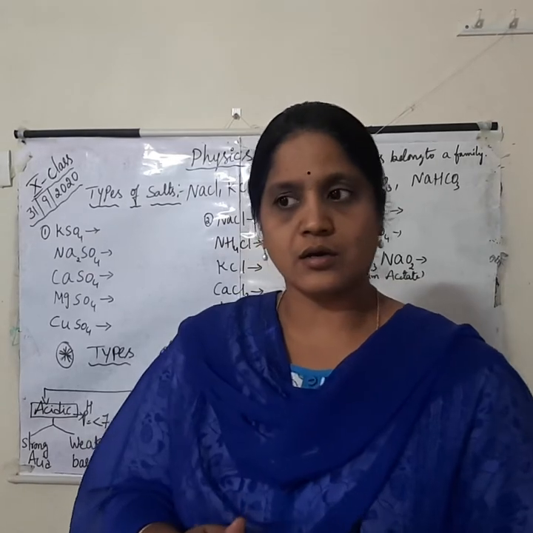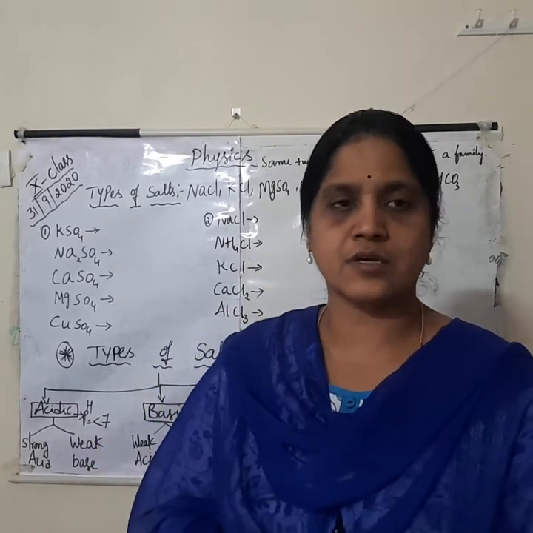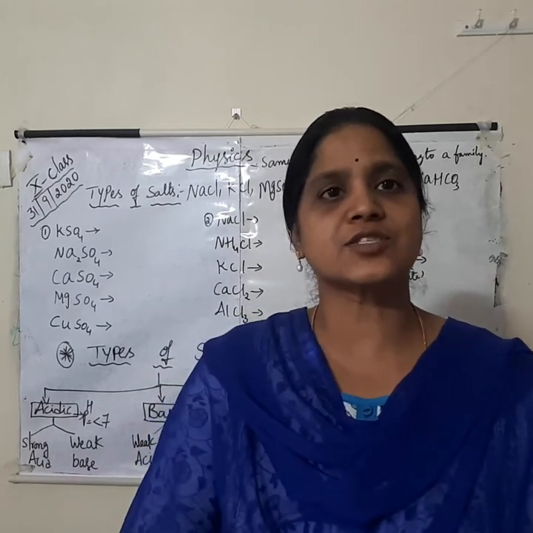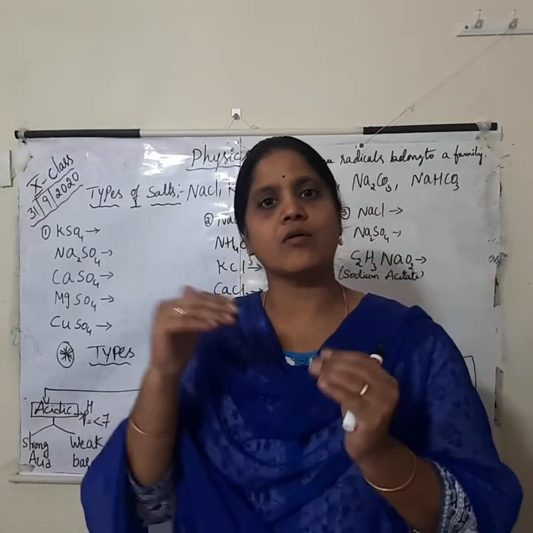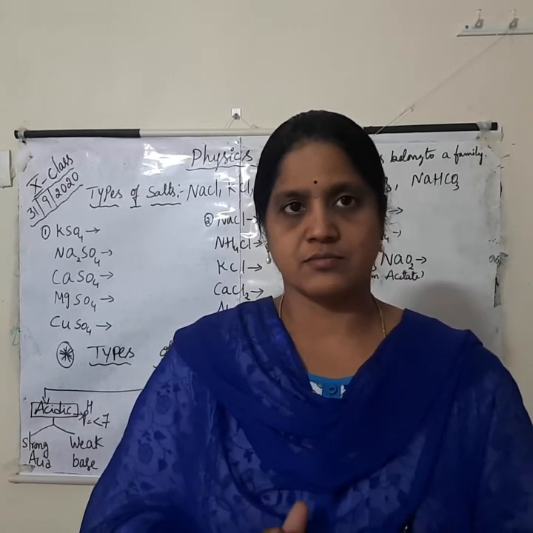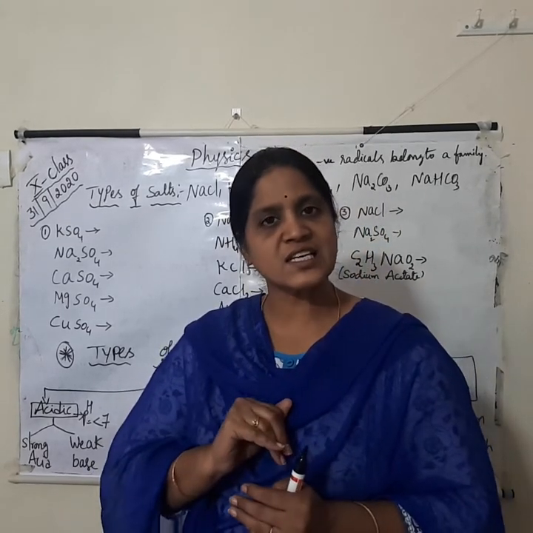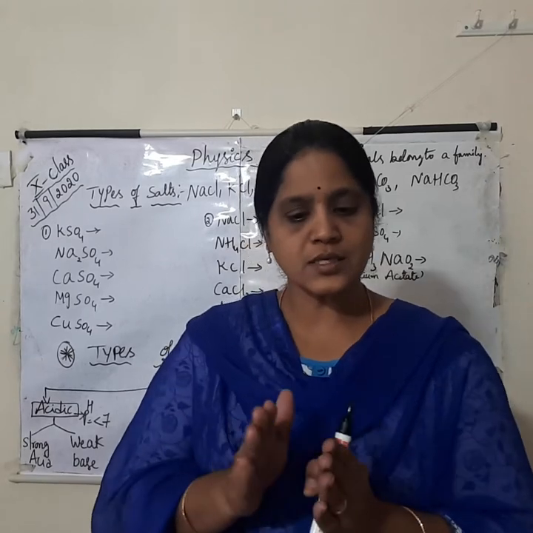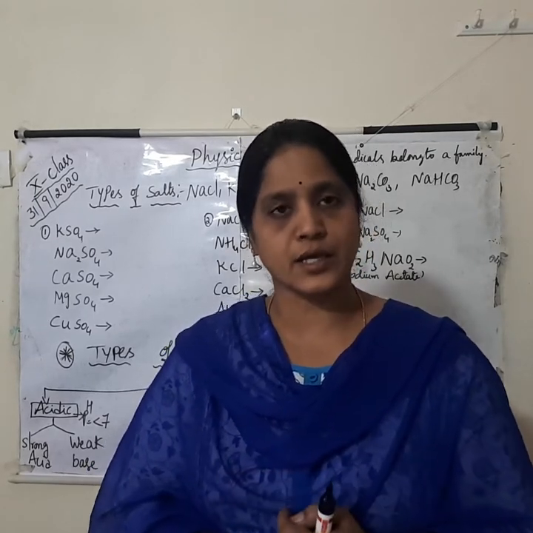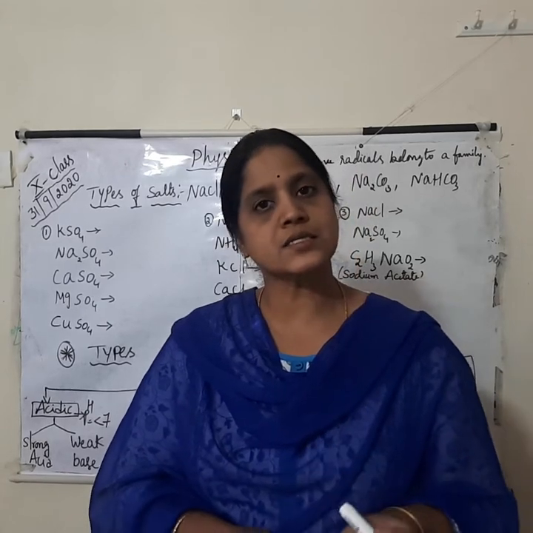Some examples of salts I took and prepared as groups. All these salts are neutral. They don't have any charge. In these salts, the positive ions and the negative ions we can call radicals.